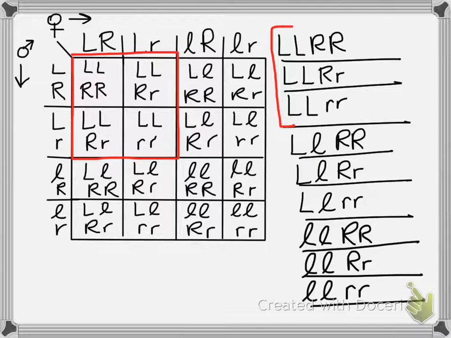So of those 4, how many have a big L, big R? 1. How many have big L, big R, little r? 2. How many have big L, little r? 1. Okay, so 1 to 2 to 1.